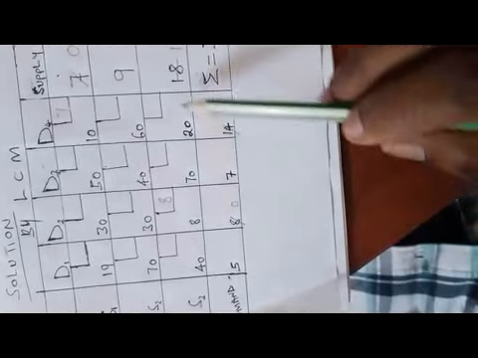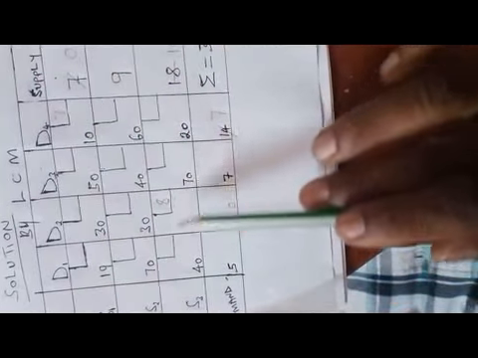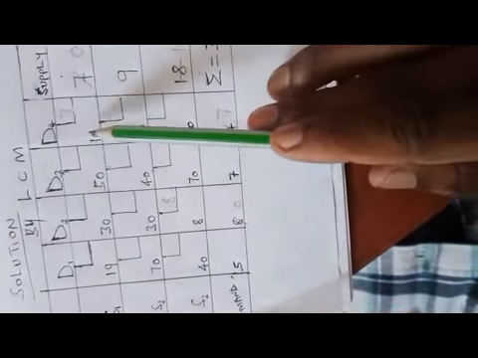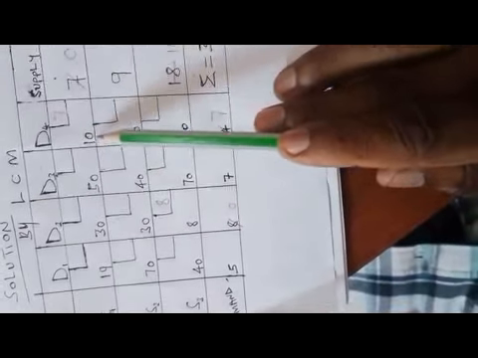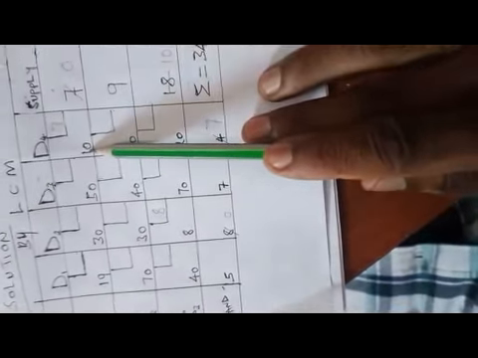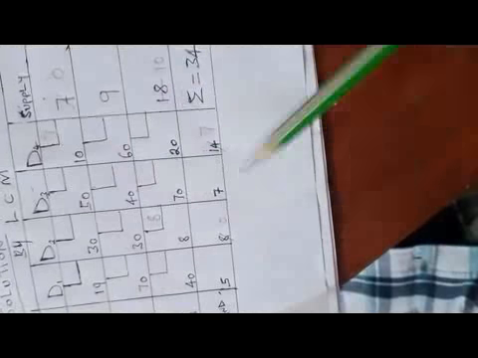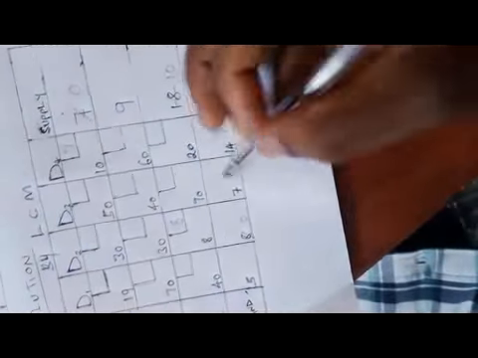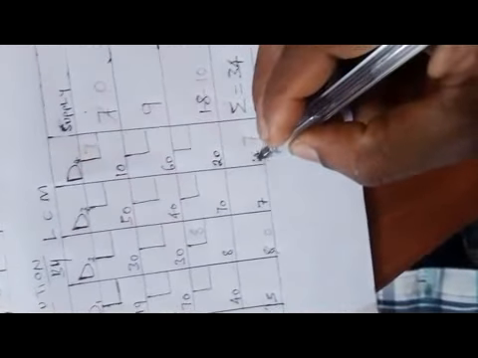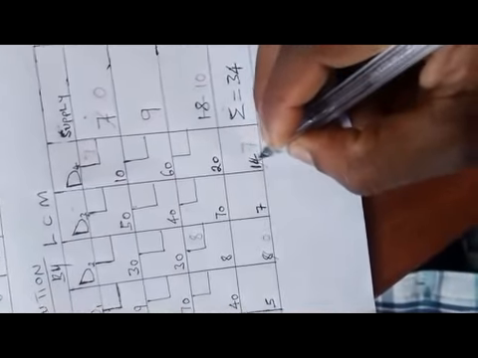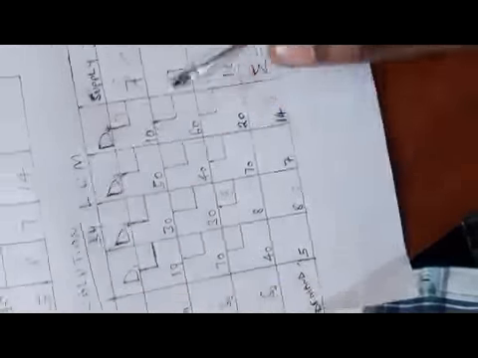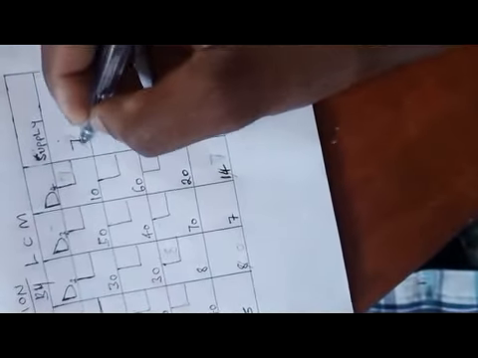As you can see here, the following least cost is 10. Our demand here is 14, and our supply here is 7.